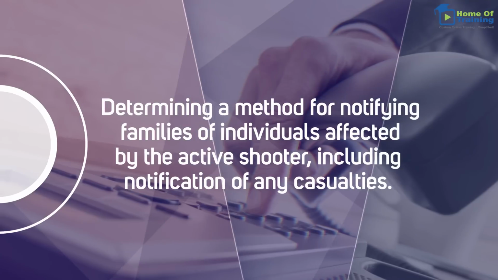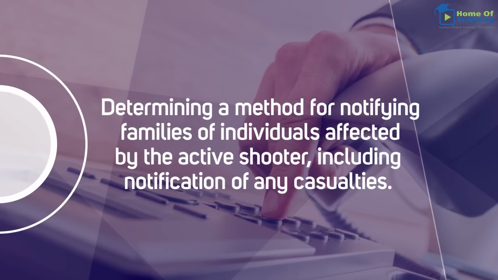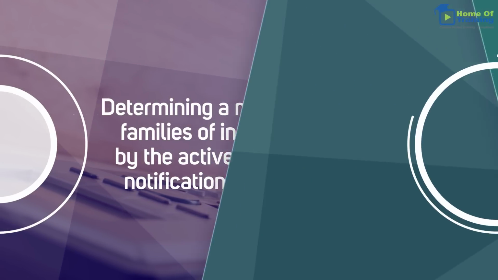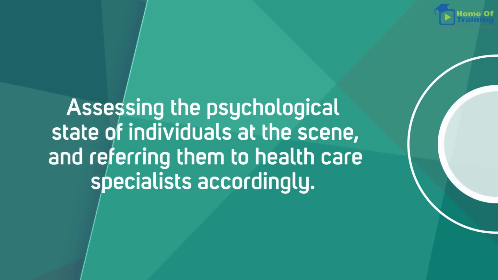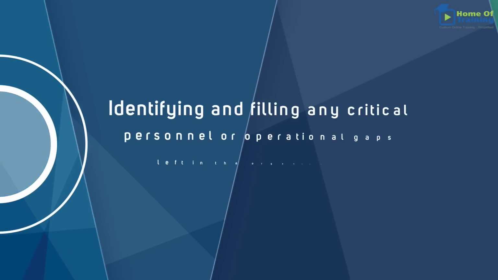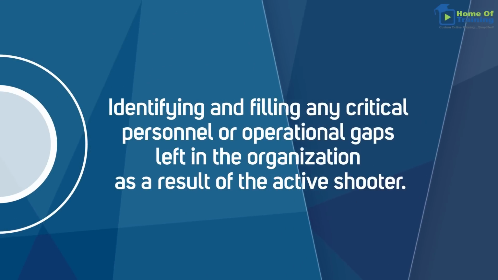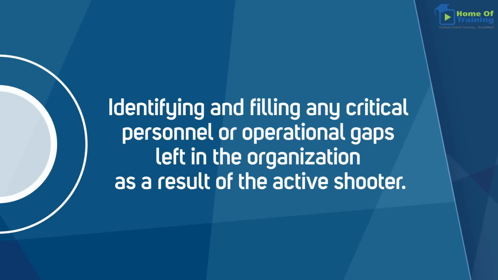Determining a method for notifying families of individuals affected by the active shooter, including notification of any casualties. Assessing the psychological state of individuals at the scene and referring them to healthcare specialists accordingly. Identifying and filling any critical personnel or operational gaps left in the organization as a result of the active shooter.